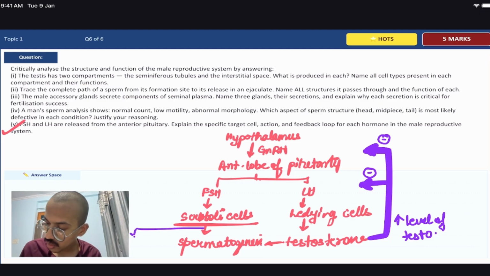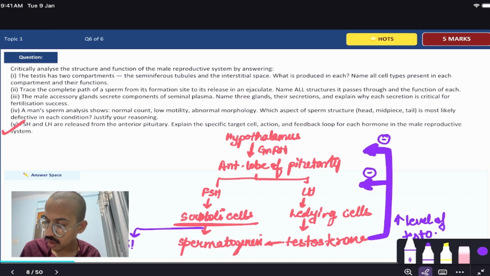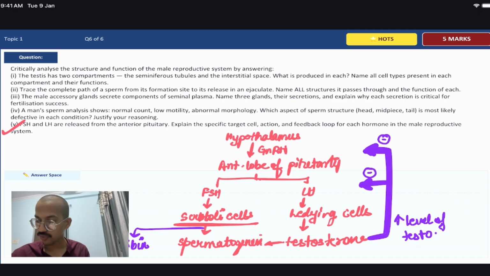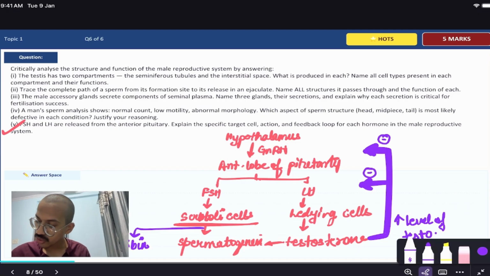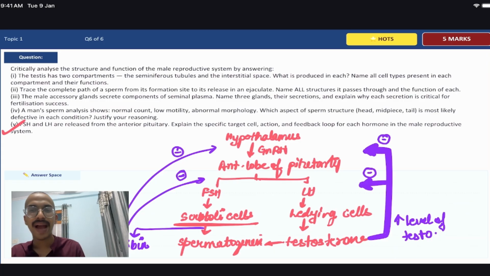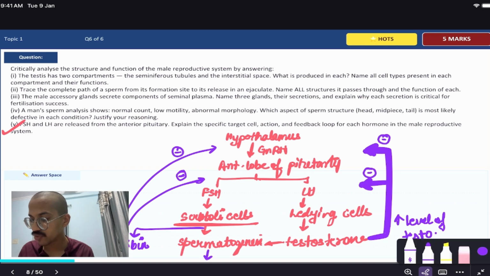Along with that, it also secretes a hormone called inhibin. If the spermatogenesis process is such that too many sperms are being formed, this inhibin also goes and does the same negative feedback. But by the time the sperm count goes down, it gives a positive feedback.